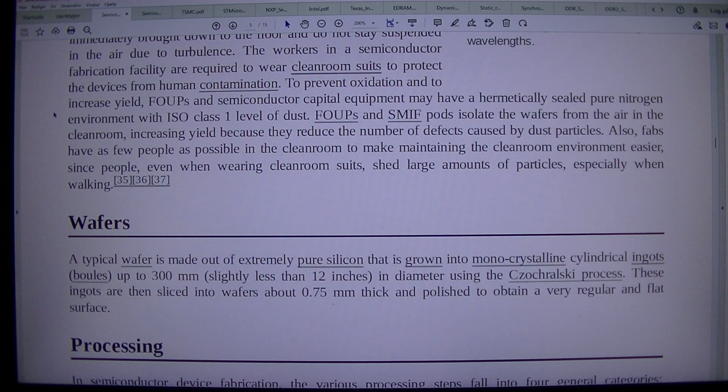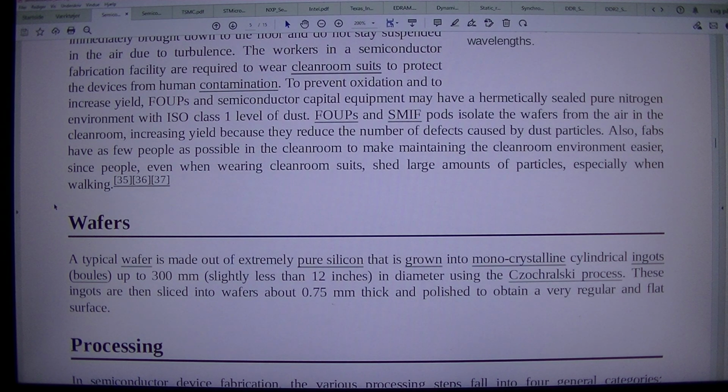FOUPs and SMIF pods isolate the wafers from the air in the clean room, increasing yield because they reduce the number of defects caused by dust particles. Also, fabs have as few people as possible in the clean room to make maintaining the clean room environment easier, since people, even when wearing clean room suits, shed large amounts of particles, especially when walking.